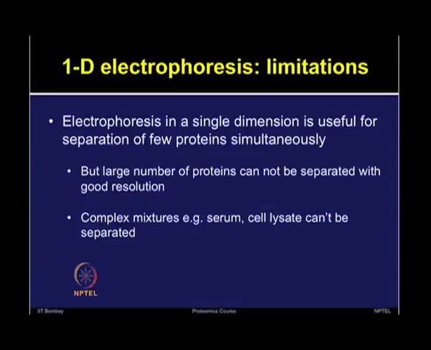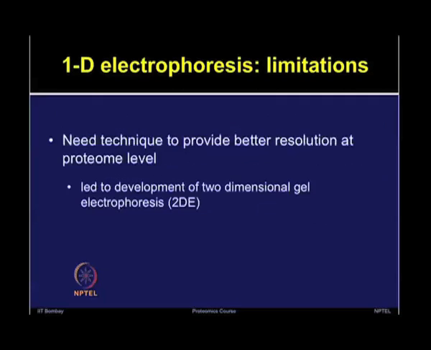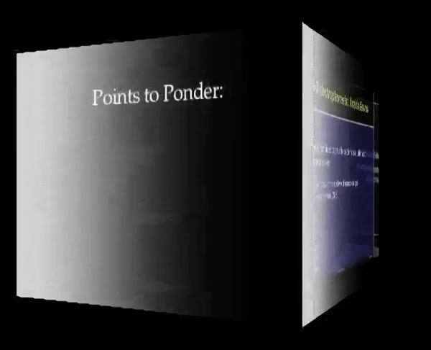If you want to get more characterization, then you have to apply different techniques. So to overcome these limitations and to obtain better resolution of protein separation, two-dimensional electrophoresis was applied.